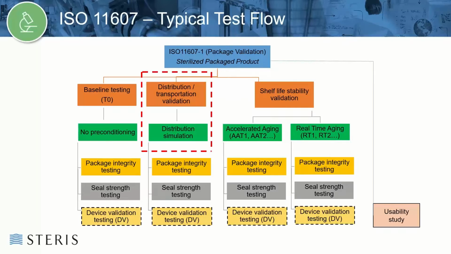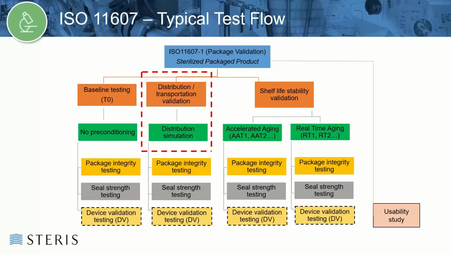And then also you want to show, before you get to this point, that the design meets the function as desired for your product. So again, you're protecting your product in the way it's intended to. You're containing the product in the way that you're intended to. Once you've determined all that, now you're ready to move into this testing. And this is where you're really going to challenge that package to show that it performs as desired.